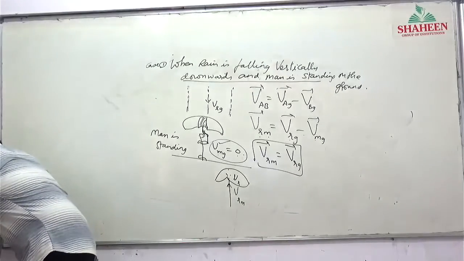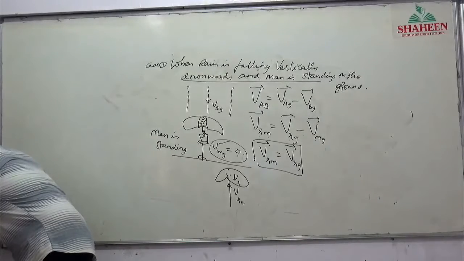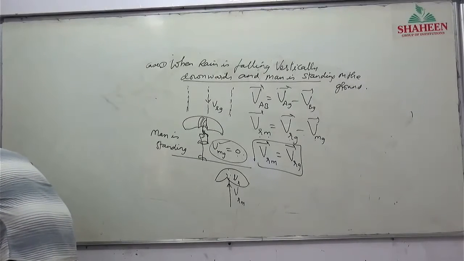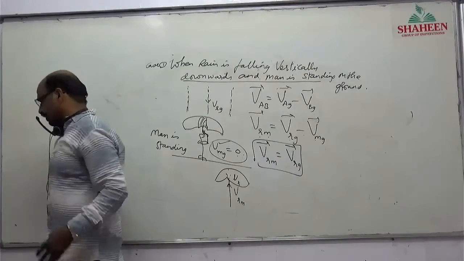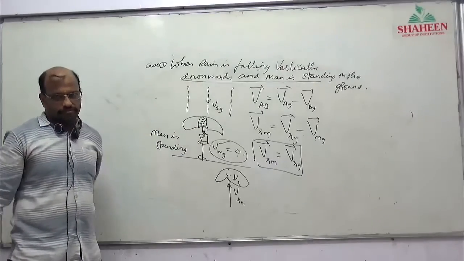Why is VM equal to VRG? It's not. Here VRM is equal to VRG. Is it clear now? Because VM is 0. That's why we got it. Is this clear? Please respond. First case we have done.